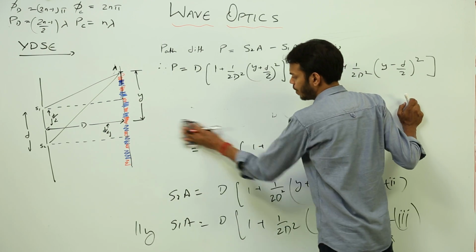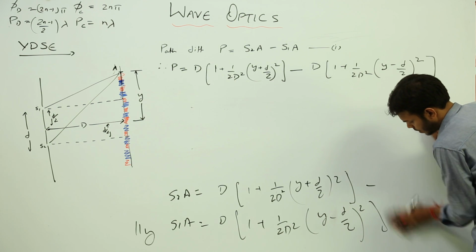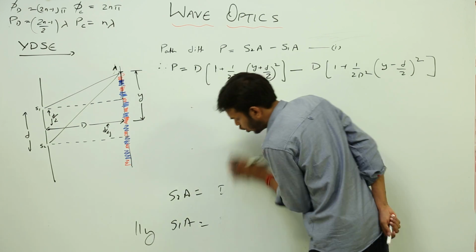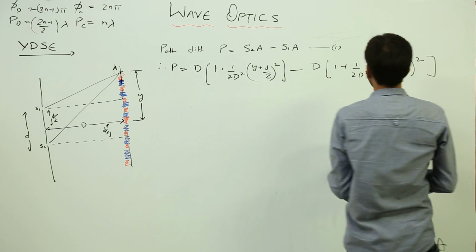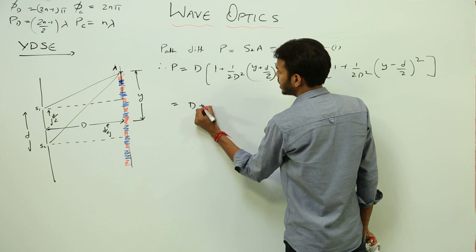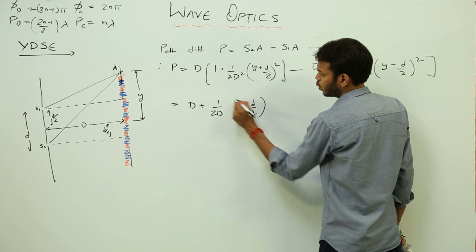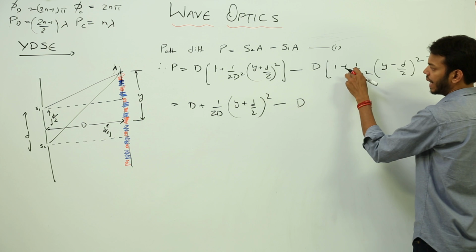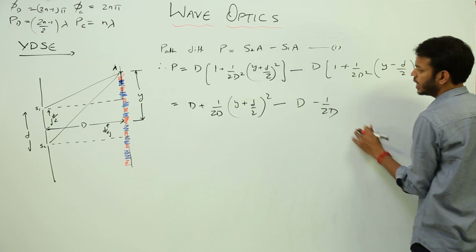So now we'll follow the simple mathematical terms. Just a second, I'll be requiring a lot of space now because I don't want to rub this diagram. So moving on, multiplying d, we will get d plus 1 upon 2d, y plus d by 2 square, minus d minus, right? This was plus multiplied by minus, it will become minus 1 upon 2d, right?